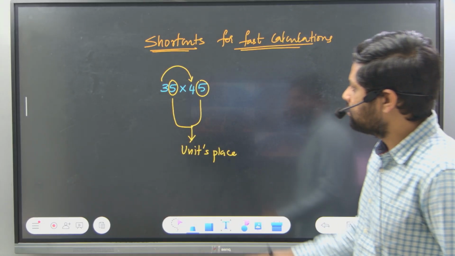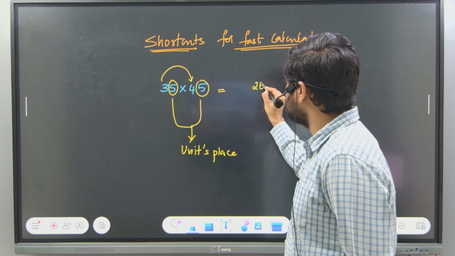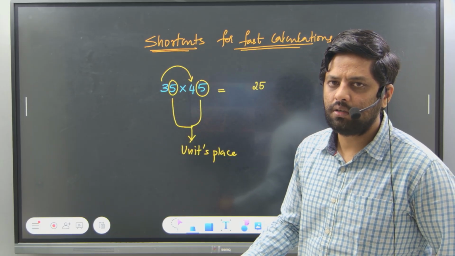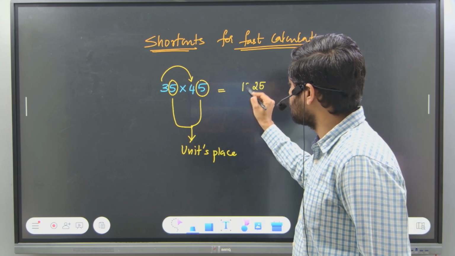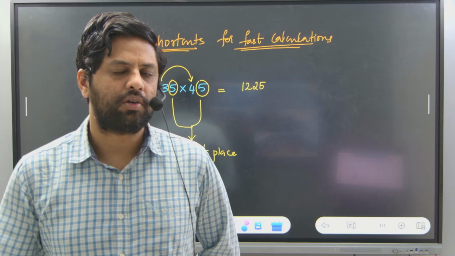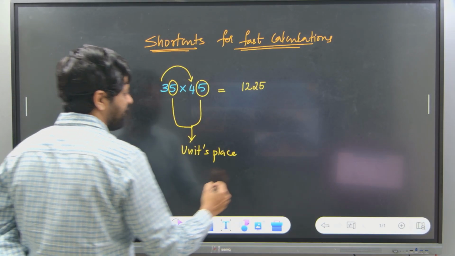What we do is 5 into 5 is 25, and 3 into 4 is 12. So the answer is going to be 1225. Okay. So it works when you're dealing with numbers like 35 into 45.